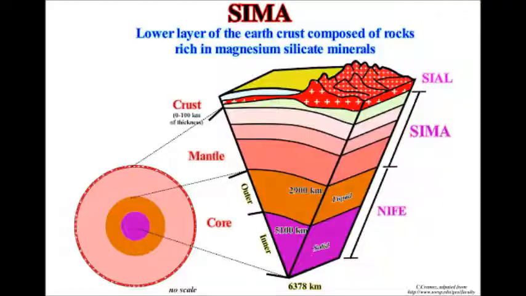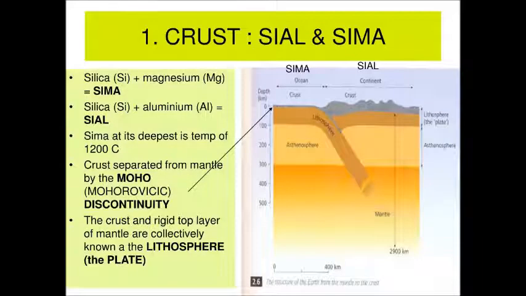Sial largely consists of silica and aluminium. Sima is the lower part of the crust. Sima largely consists of silica and magnesium.